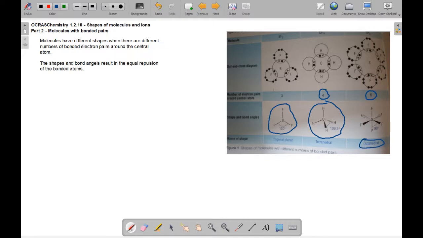If you look for the lone pairs, which there aren't any in any of these examples, then in most example questions you first off write down the number of bonded pairs, so you put 4 bonded pairs and no lone pairs. Therefore, and then you write the shape, so tetrahedral. That's a very easy way to organise your thoughts in the exam when it comes to bonded pairs.